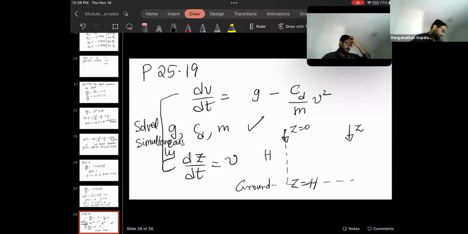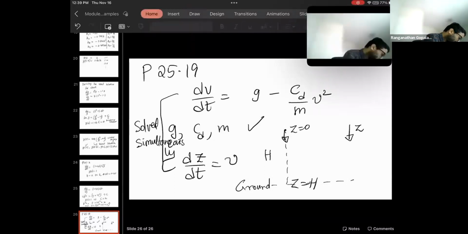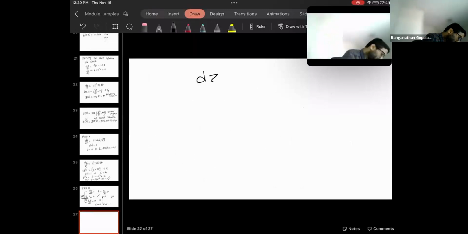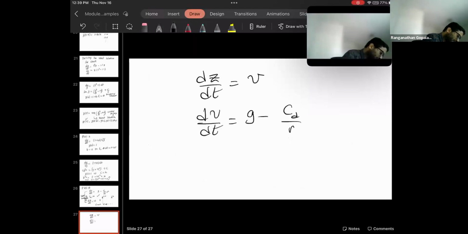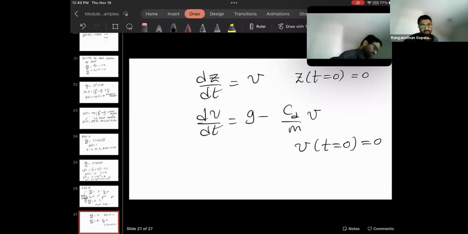So I have dz over dt equal to v, and dv over dt equals g minus cd over m times v. z at time 0 is 0, and v at time 0 is 0, because we'll assume that the object was just dropped without giving it any initial speed. It's just let go, okay? So these are our initial conditions.